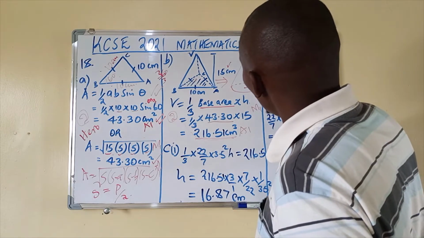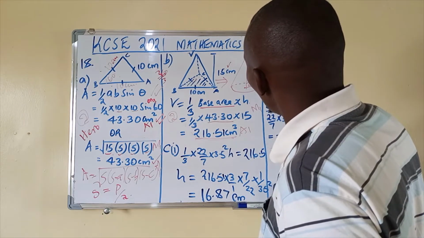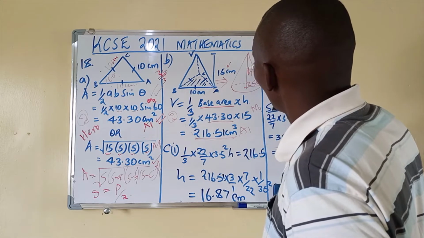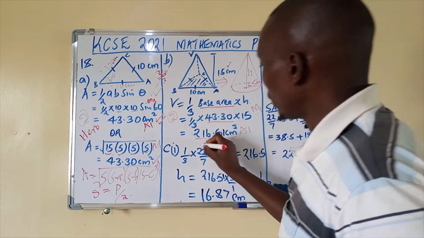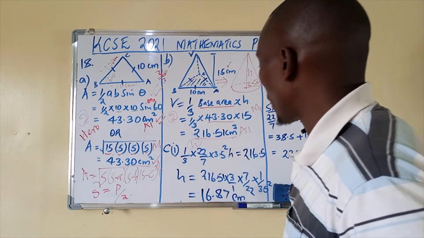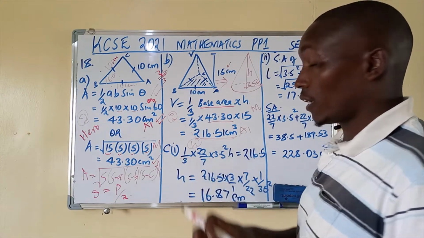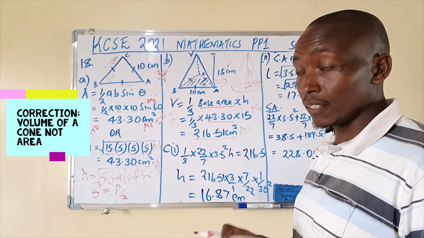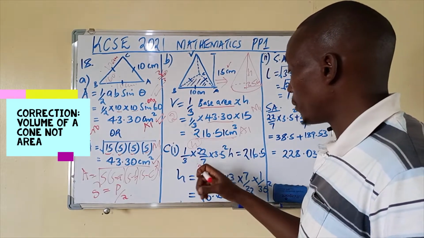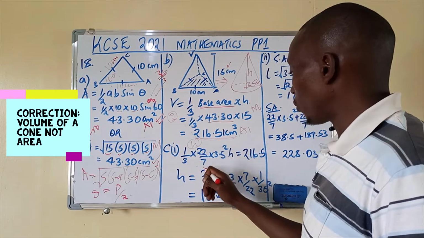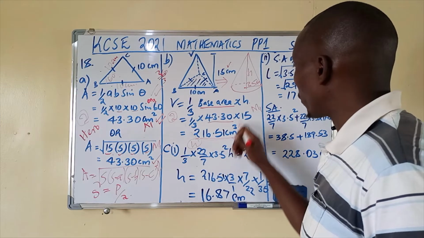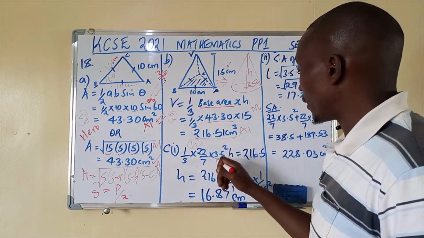The height of this cone is not given. We can represent it with h. The question is, we determine that h, the height of the cone. With that, it will be the volume of a cone, again, a third base area times height. The base area is 22 over 7 times 3.5 squared, the radius squared.